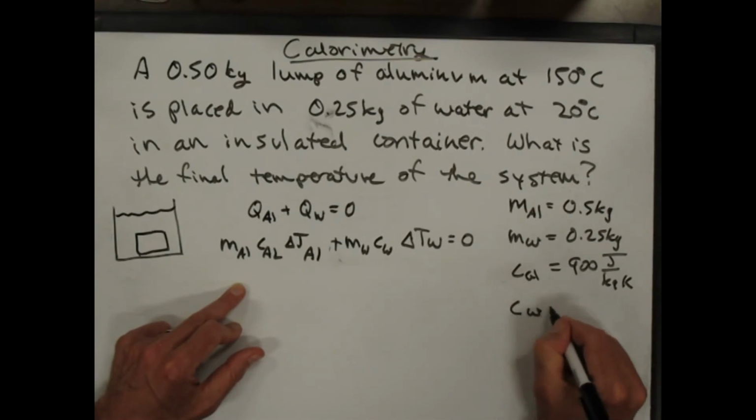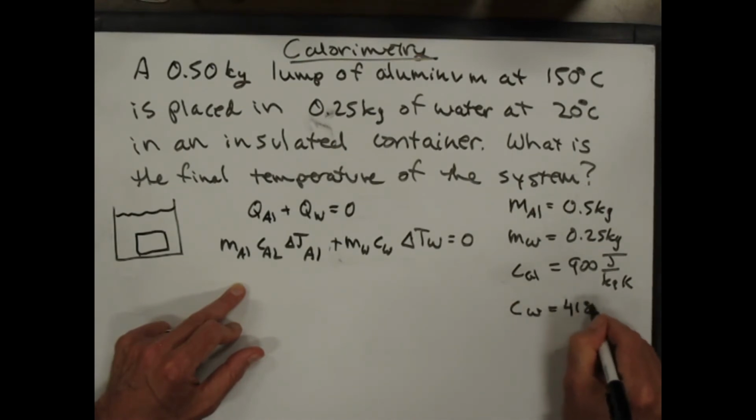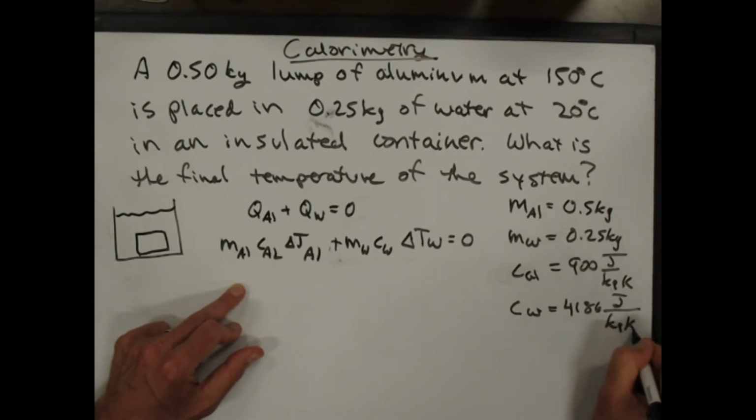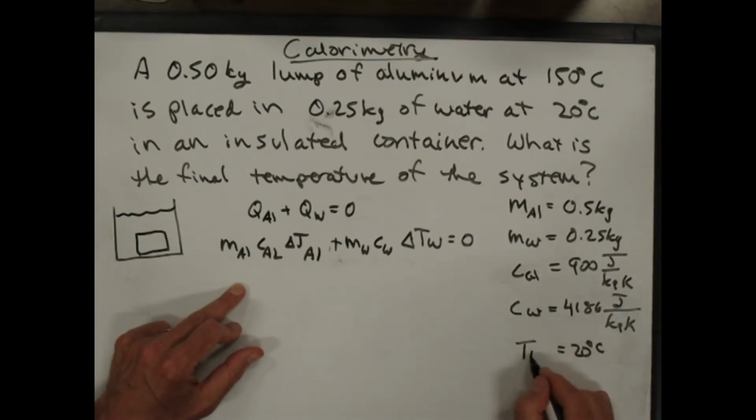C for water is 4186 joules per kilogram Kelvin, right? T initial for the water is 20 degrees C. I'll call that T water initial. And then T aluminum initial is 150 degrees C.